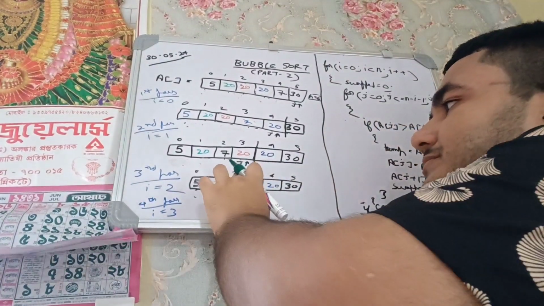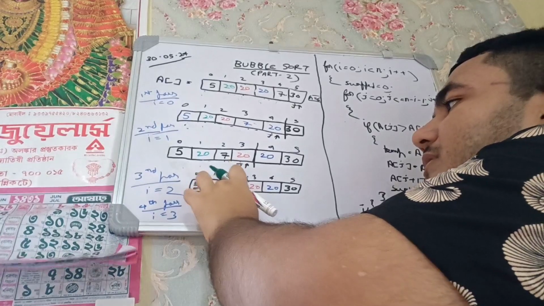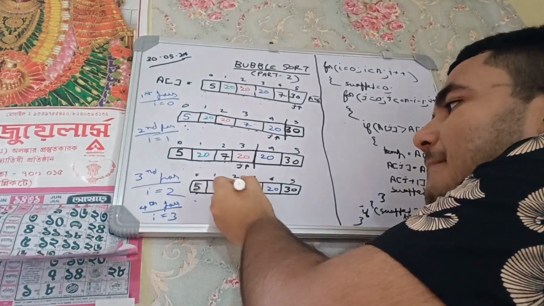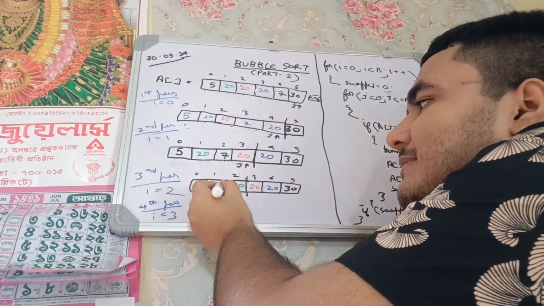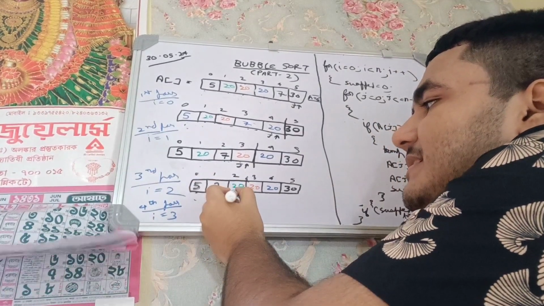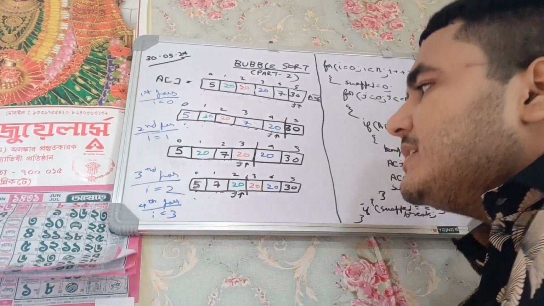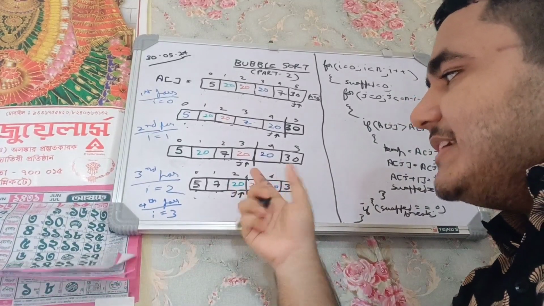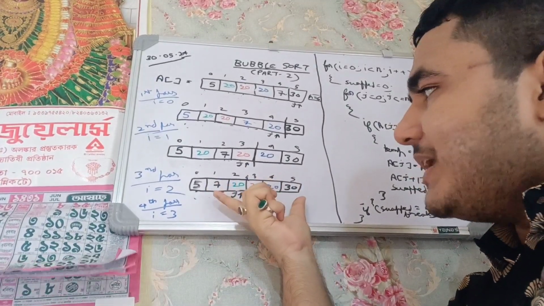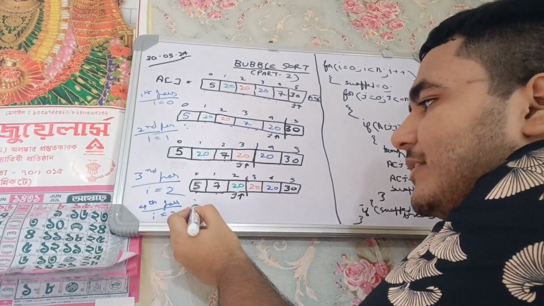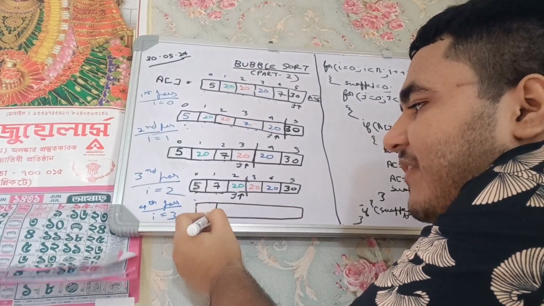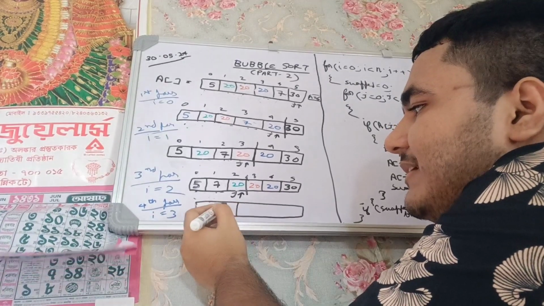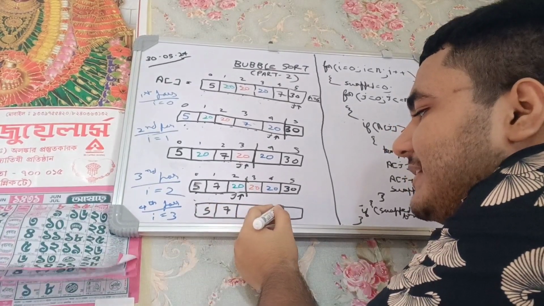Therefore, 20 comes here and 7 goes here, and j moves to its next index. So now this is the end of our fourth pass and we are left with this result, where 5, 7, and here we have 3 20s.